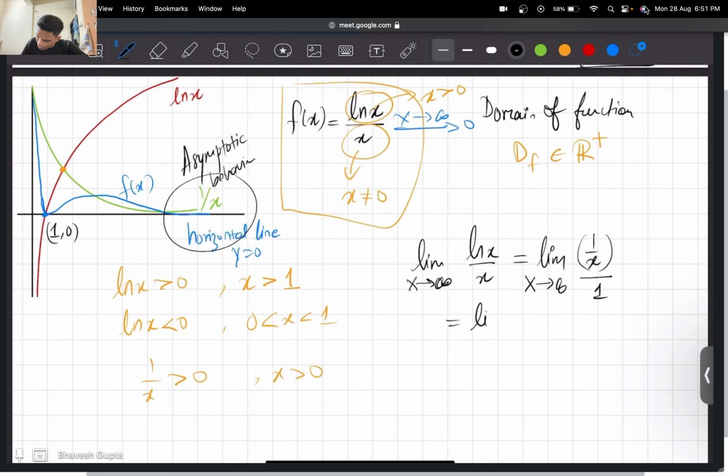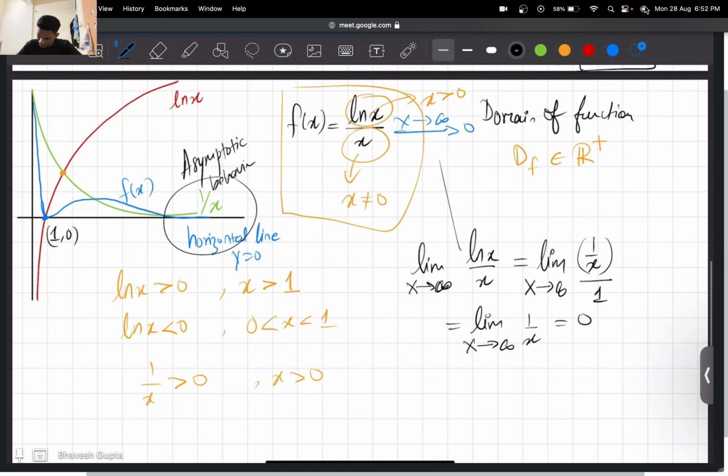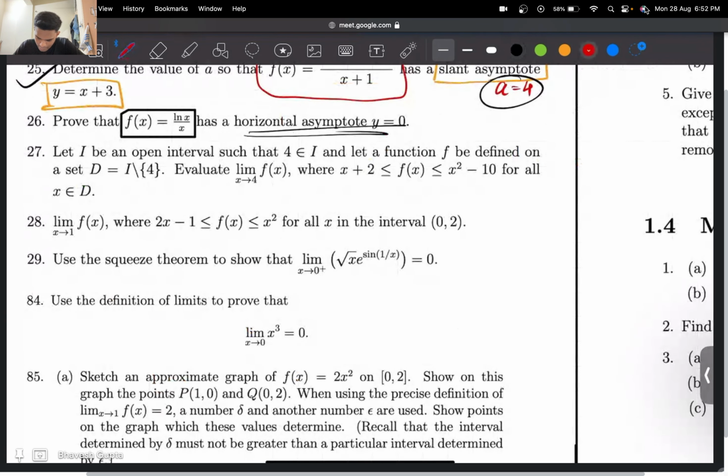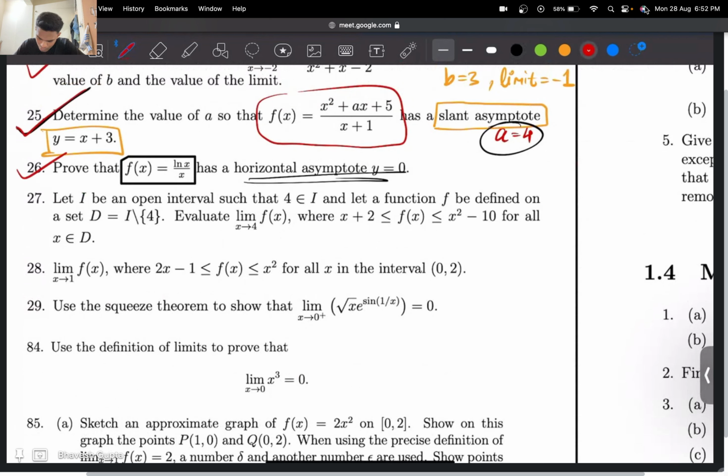So overall you're left with the limit as x tends to positive infinity of 1 over x, which is just 0, right? You can see that from the green curve itself. I'm just trying to make you understand how to see things. So we have basically proved it, and that's how we solve the question. So these two are done.